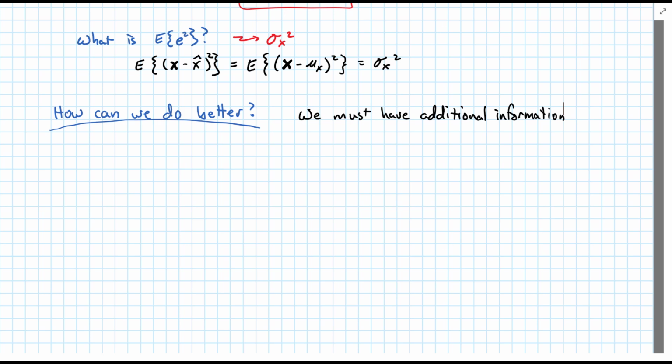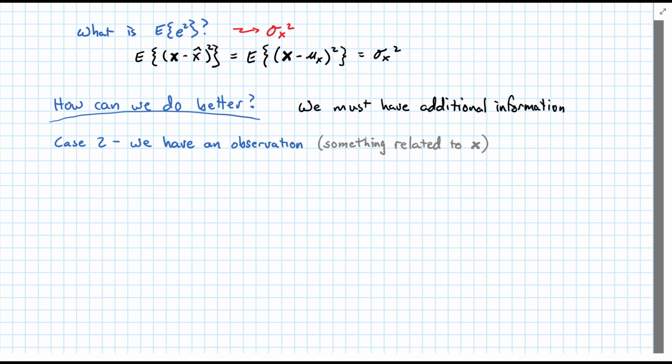What additional information could feed into that? Well, the high temperature today could tell us a lot about what the high temperature tomorrow is going to be. And so that's the type of additional information we're looking at. So, in the case of knowing today's temperature, we have an observation for something that is related to our random variable, tomorrow's temperature.